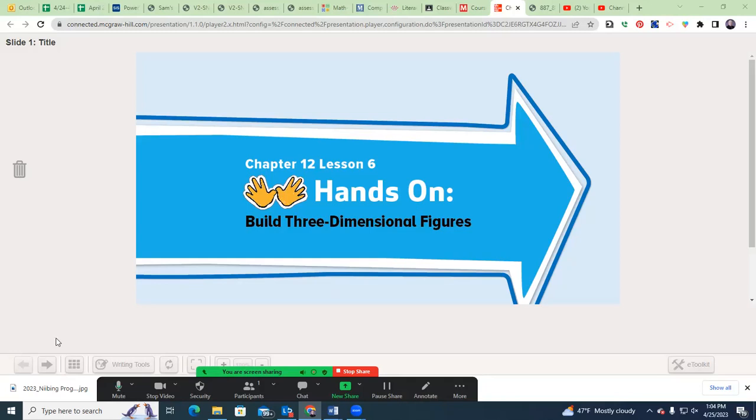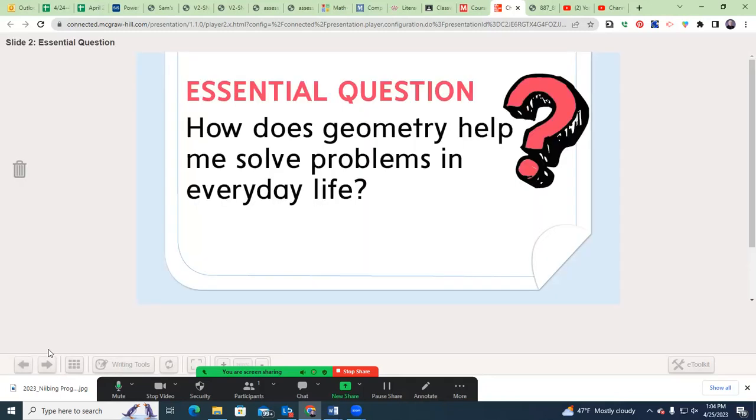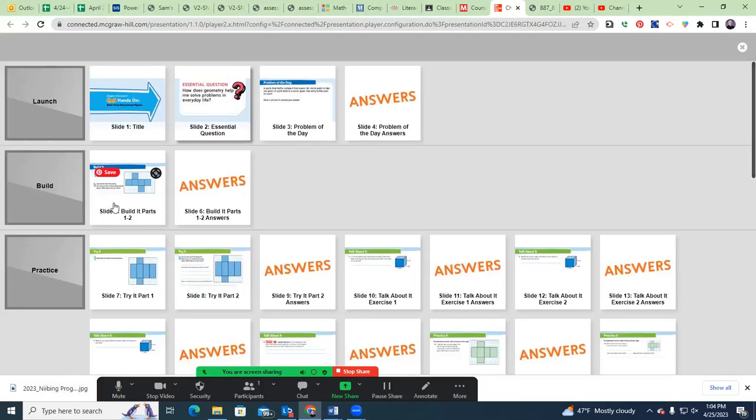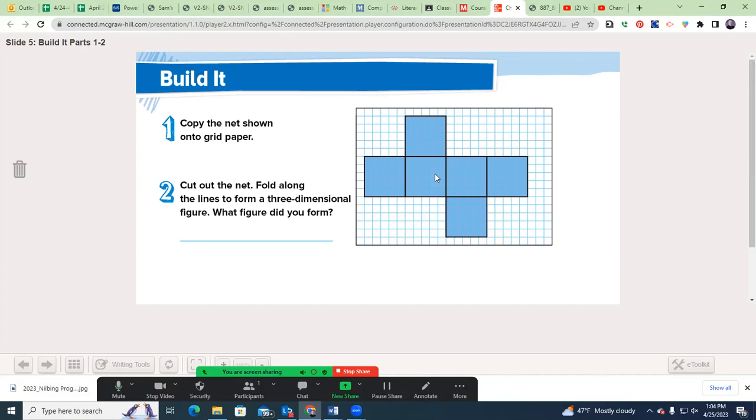All right, we'll begin with our central question, which all of Chapter 12 is: how does geometry help me solve problems in everyday life? And you will need the packet that begins on page 935. It says Lesson 6, Hands-on, and there's several vocabulary words.